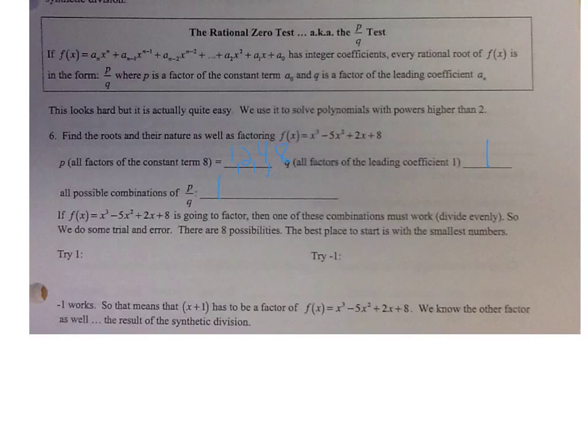I could list 2 over 2. I could list 4 over 1, and 8 over 1. So that's all the possible combinations, because these are all over 1. Pretty easy. And then we're going to try some. Now we're going to guess and check. There's 8 different synthetic divisions we have to do. Hopefully we don't have to do them all.